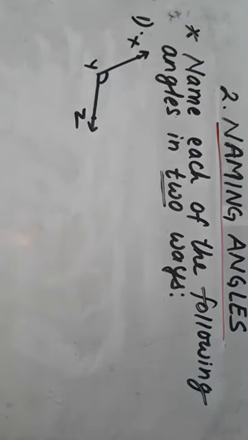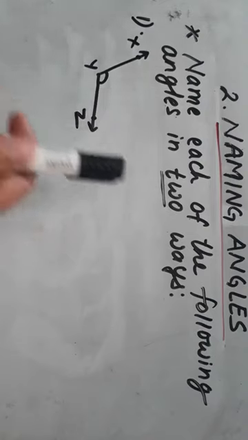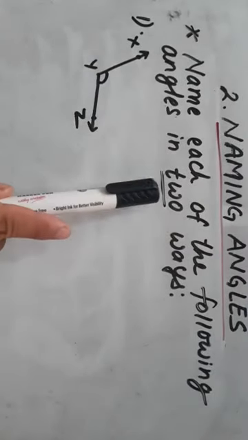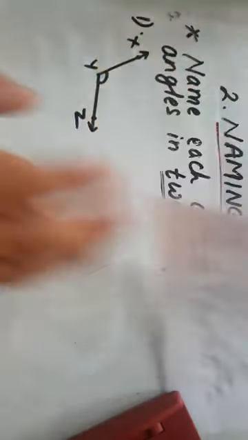So students, here I have drawn one angle. Now you are supposed to write the name of this angle in two ways. So how can we write the name of this angle in two ways? So let's see. Here are the basic things which we had already considered.